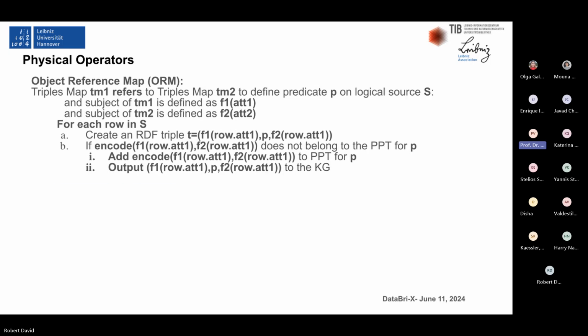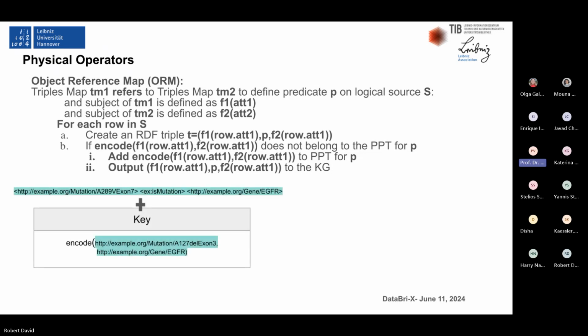Next, please. And then in the same way we do it for generating what we call the object reference map. The object reference maps are the ones used when we have triple maps that are defined over the same data source.